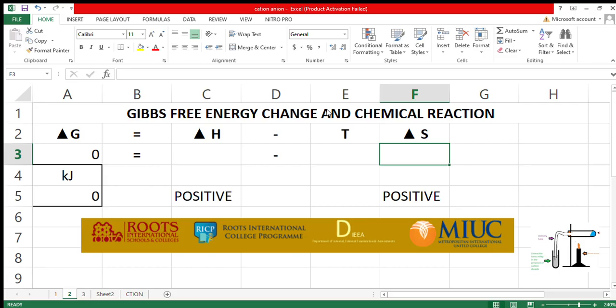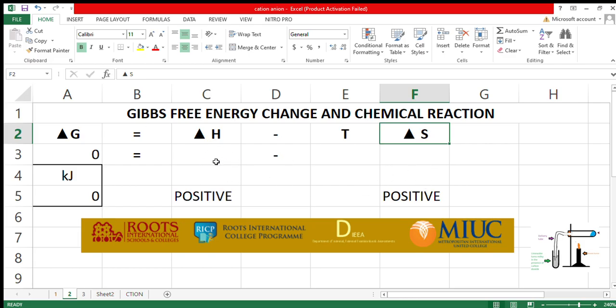Okay students, a second case in which the change in enthalpy is positive but the change in entropy is also positive. Both values are positive.